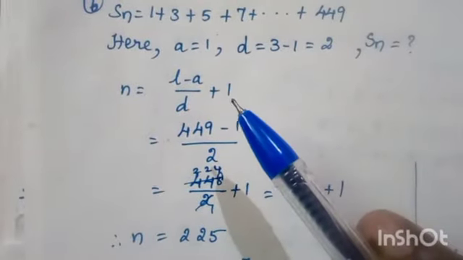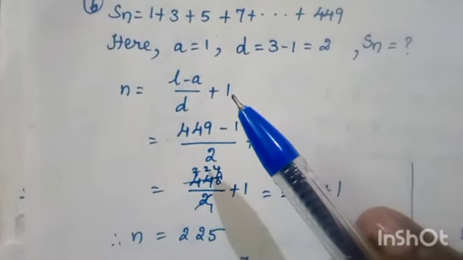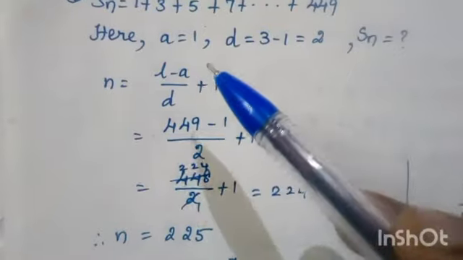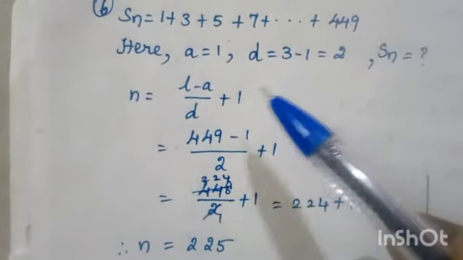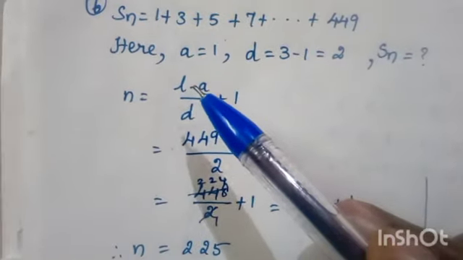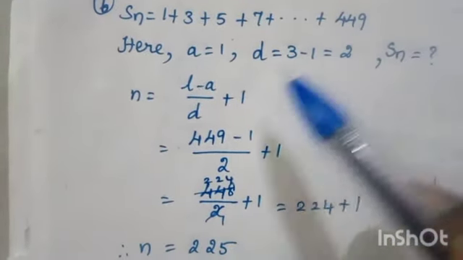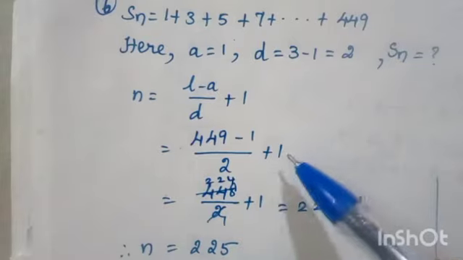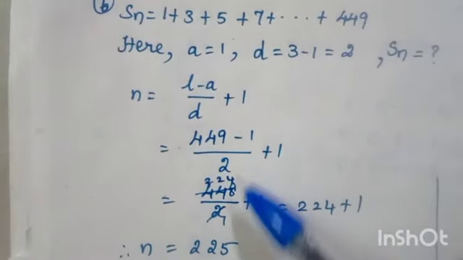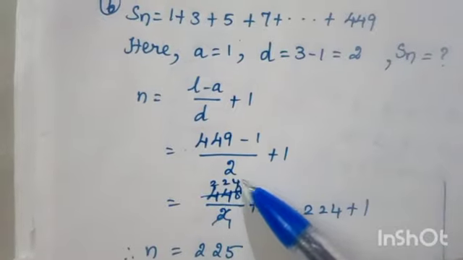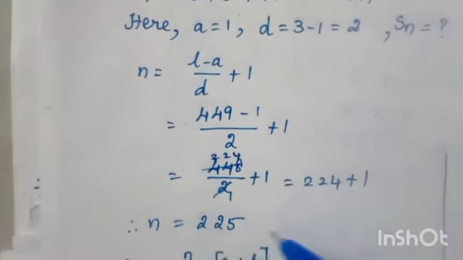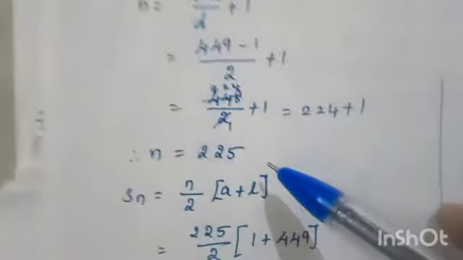First we have to find n, the number of terms. The last term is given, so we know the formula n equal to l minus a by d plus 1. So l, the last term, is 449. 449 minus 1 by 2 plus 1, so 448 by 2 plus 1. It is 224, 224 plus 1, that is 225.